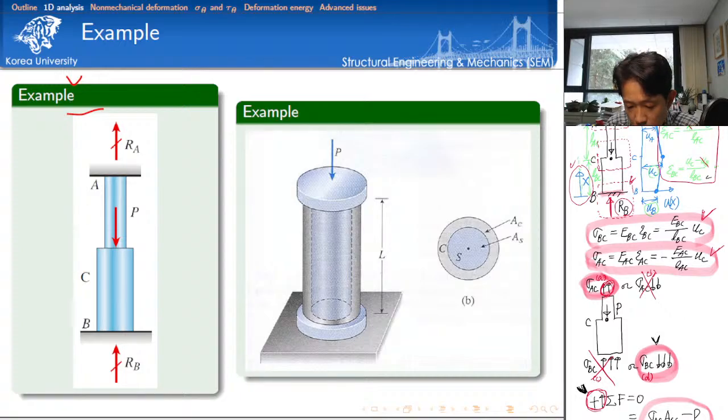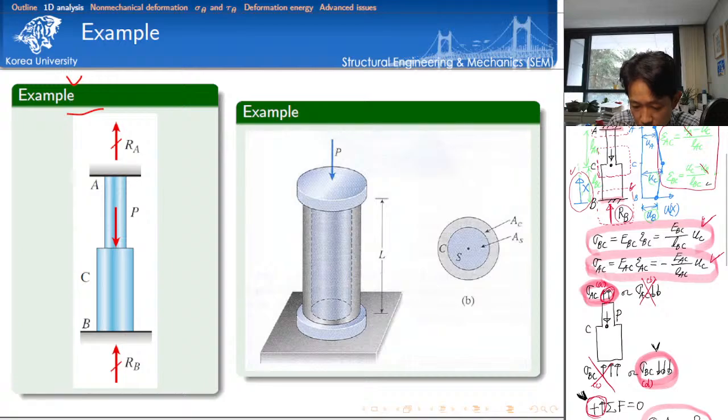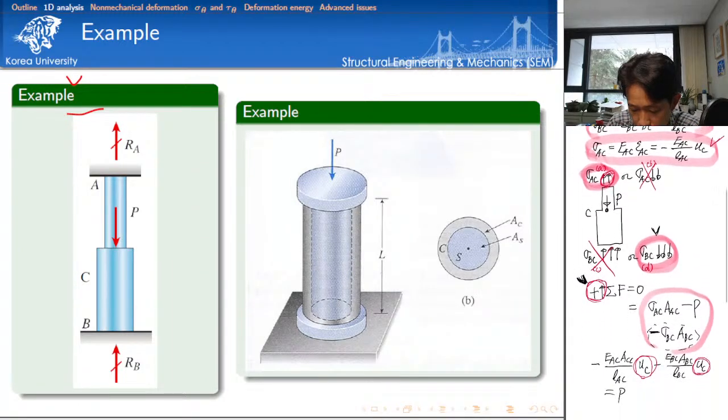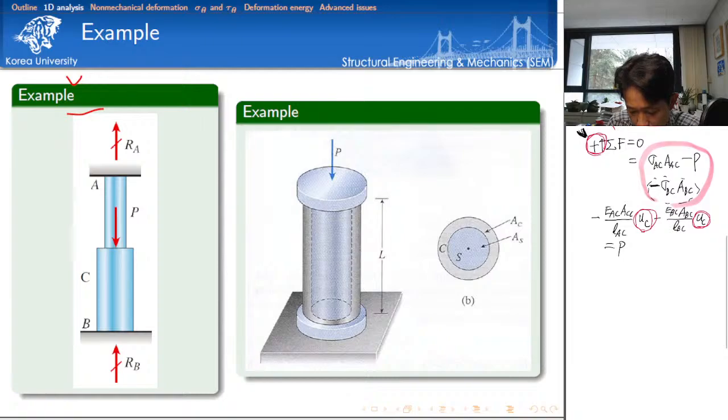Okay, let's talk about the first free body diagram. So I'm talking about this one, to determine the reaction at point A. Okay, so let's consider the first part. This is point A, and then we have this reaction, the unknown reaction.